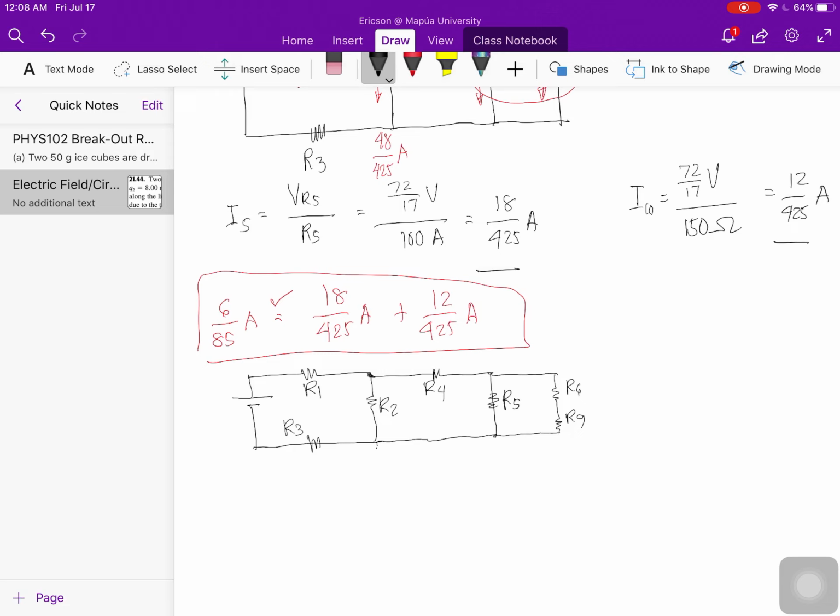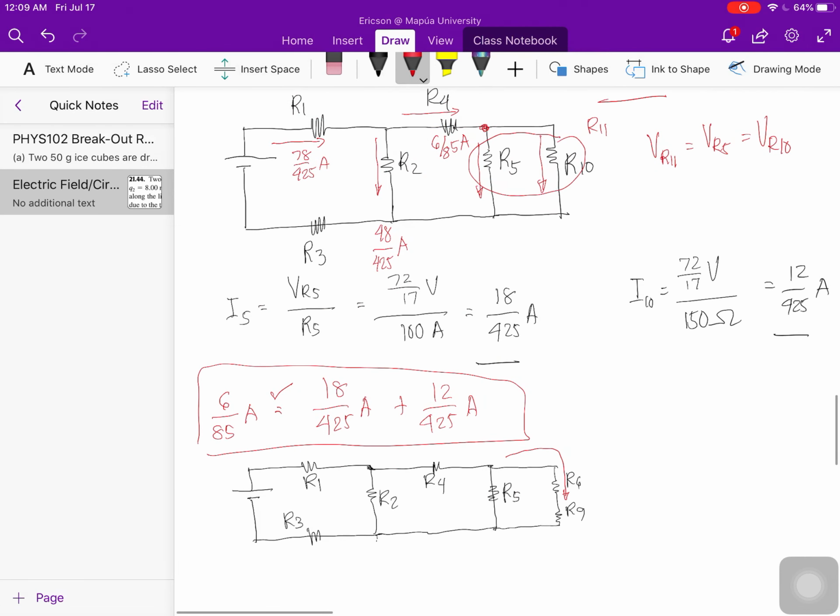Okay? So, pag tiningnan nyo, ito rin yung current na dadaan dito sa R10, which is equal to this one, 12 over 425 amperes. So we could now see that I6 is equal to 12 over 425 amperes. Current on R9 equals 12 over 425 amperes din.